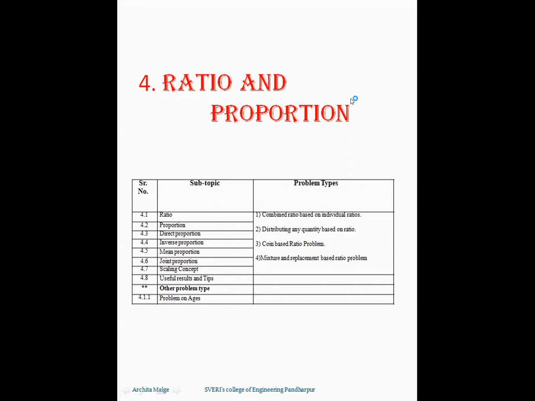Okay, so first we are going to see what is the ratio.